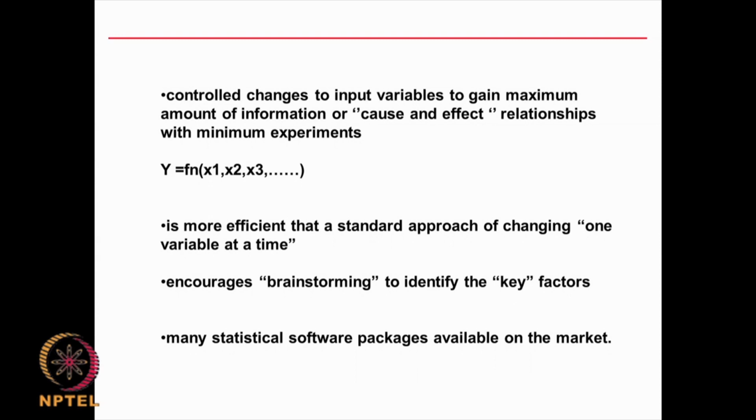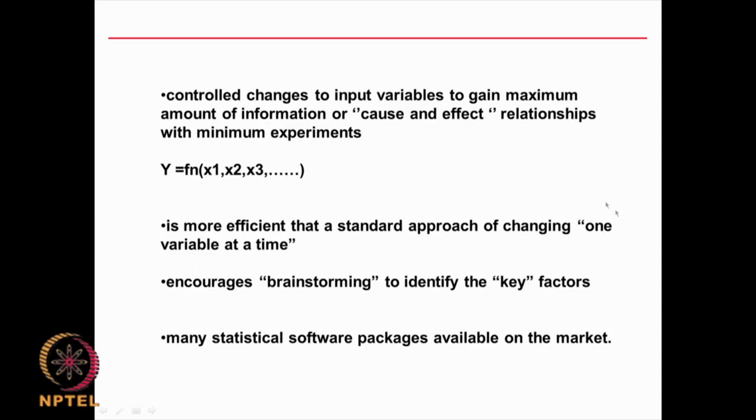It is not very intelligent to do a few experiments changing temperature alone, keeping everything constant, then keeping temperature also constant and changing pH alone to different values, then keeping all of them constant and changing RPM alone to different values. That is called one variable at a time, or one factor at a time, and that is not very efficient because it will not be able to identify interactions.